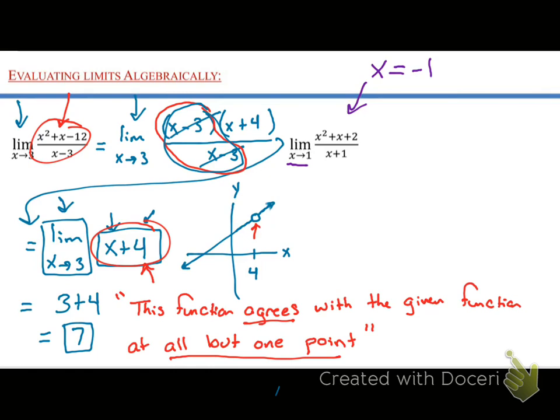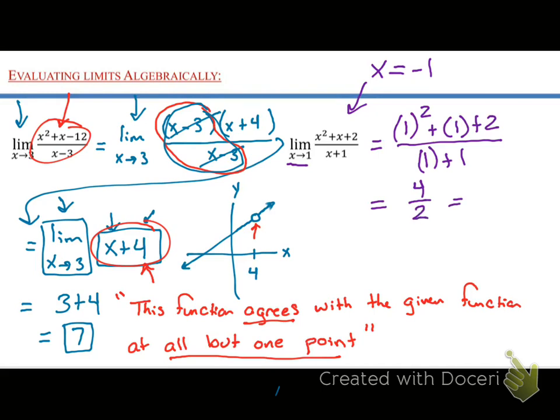It's asking for something completely different. There's no problem when x is 1. So this is an example where we can just use direct substitution. We plug it straight in to the top and the bottom, and we get 4 halves, or 2.